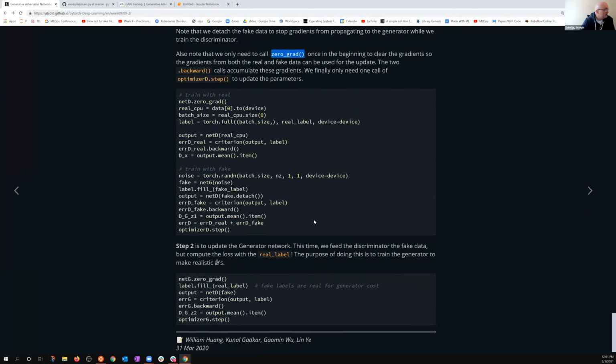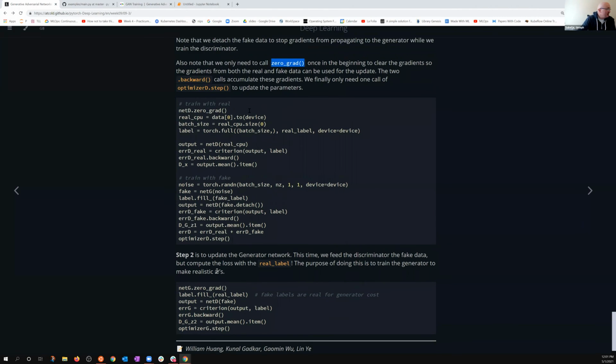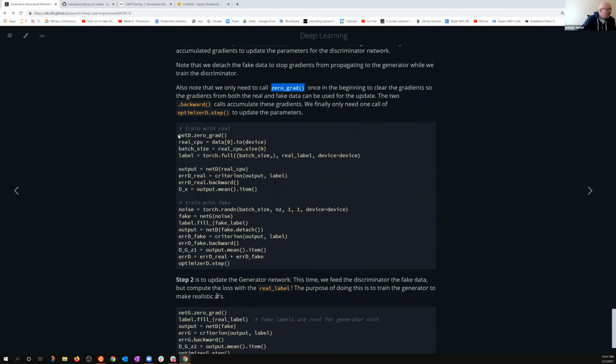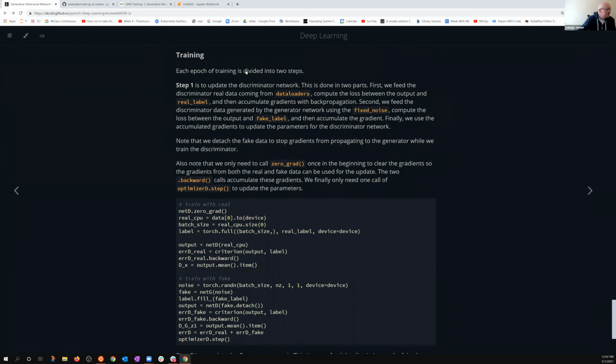I'm a product guy. I'm not a developer, so I would welcome anybody who wants to come in and go through this code. I know enough to be dangerous, but I just look at this and this basically is what we discussed up here, which is we zero out the gradients as Arto mentioned.